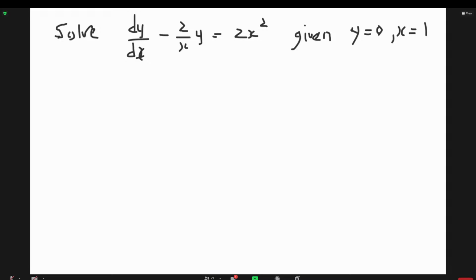So this is in our form. Therefore, P is equal to, Q. The integrating factor is e to the integral of minus 2 on x.